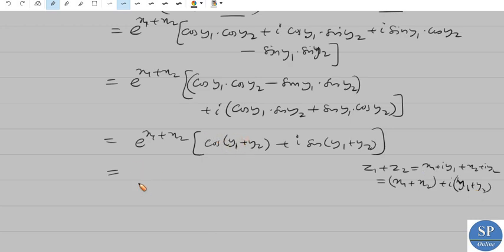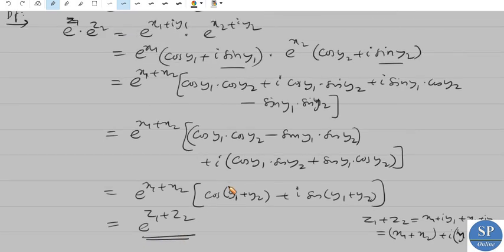So we can write this as e power z1 plus z2, because the real part of z1 plus z2 is x1 plus x2 and the imaginary part is y1 plus y2, since e power z is e power x into cos y plus I sin y.